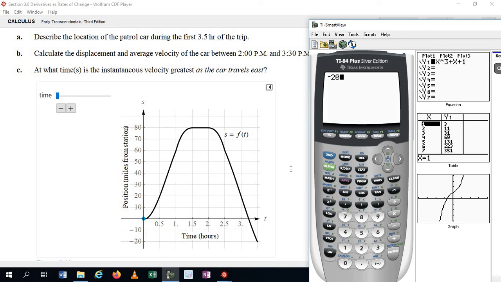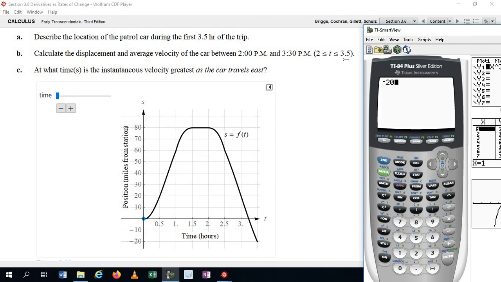By the way, you always do final position minus initial position to get displacement. So its final position would be where the object is located when t is equal to 3.5. That's -20, so it's at -20 on the number line, right?